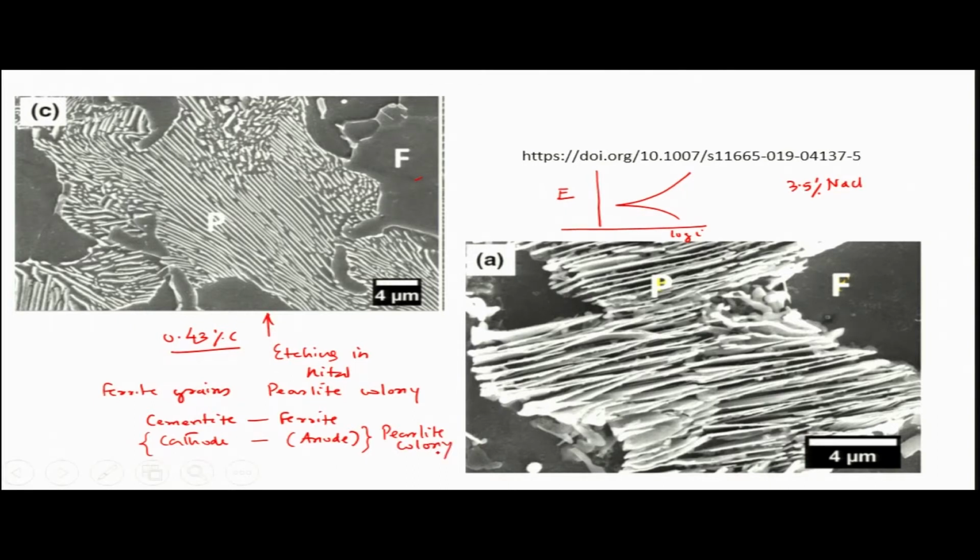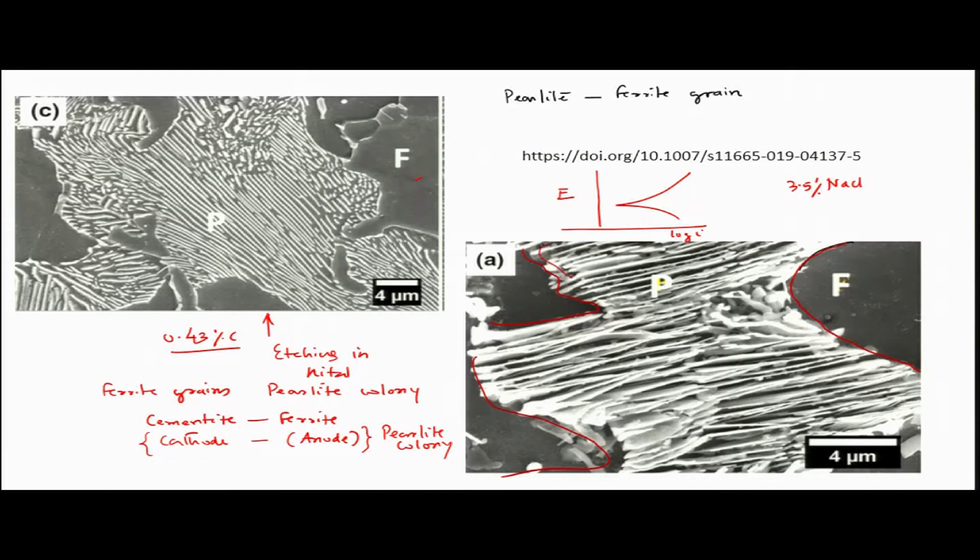Okay. Now, if you take pearlite and ferrite grain, so this is one grain of ferrite, this is another grain of ferrite, this is another grain of ferrite, or we call it alpha iron, and this is the pearlite colony.